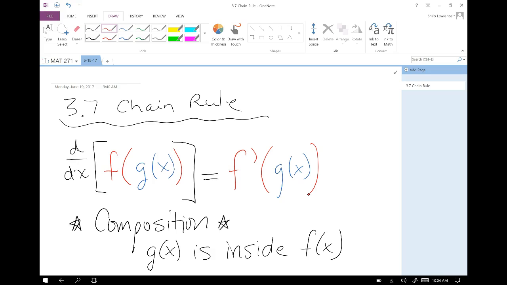However you would do the derivative of that outside operation, no matter what it is, whether it's a power or a trig function or whatever. The derivative of the outside with the regular g still on the inside, regular g still untouched. And then you multiply that by g prime. So we like to say derivative of the outside times the derivative of the inside.